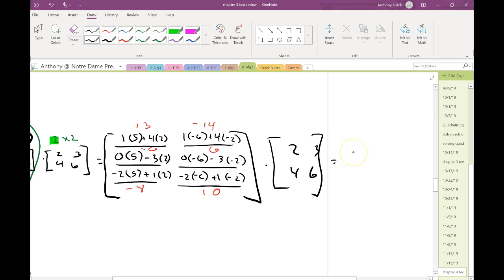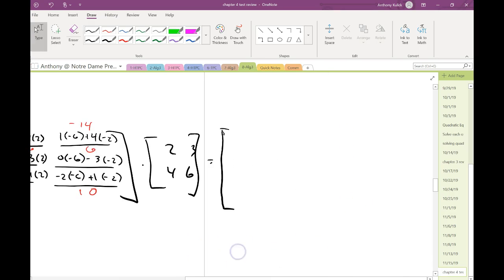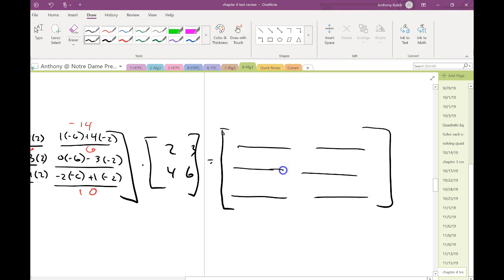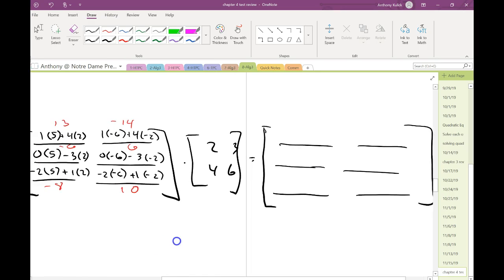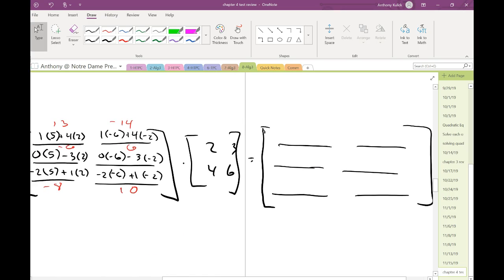So now I'm going to multiply these together. Since this is another 3 by 2 times a 2 by 2, I know the dimension of my answer is also going to be a 3 by 2. So to get my first entry in my answer, I do row 1 times column 1.